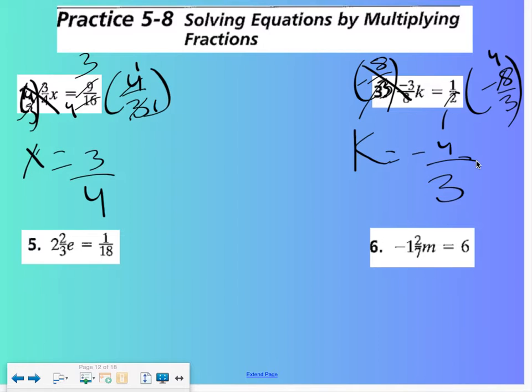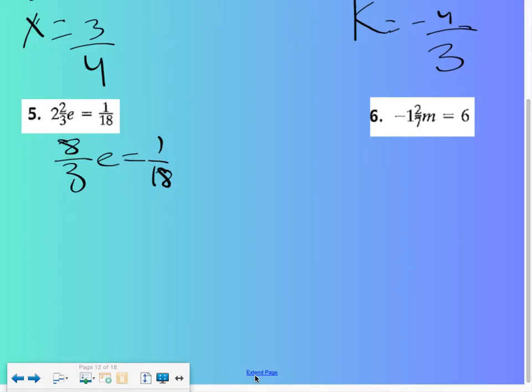All right, number 5. So to multiply by the reciprocal, this has to be an improper fraction. So we have 2 times 3 is 6 plus 2, 8 over 3 e equals 1 over 18. So now multiply by the reciprocal.